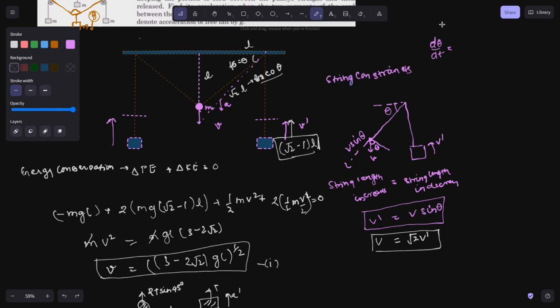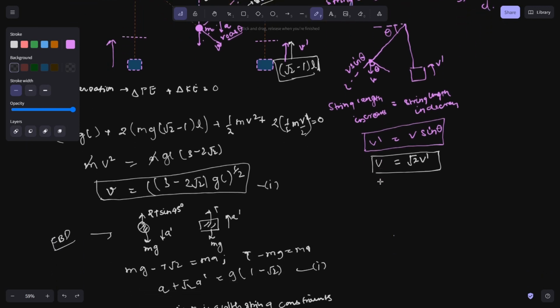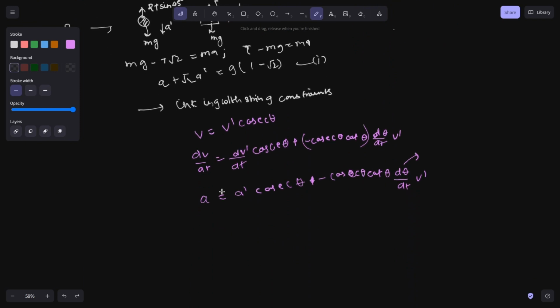So from here we know that d theta by dt comes out to be v cos theta divided by L sec theta, which is nothing but v cos square theta by L. So putting v cos square theta by L in the particular equation.